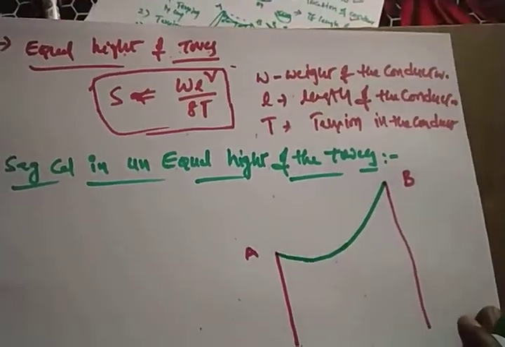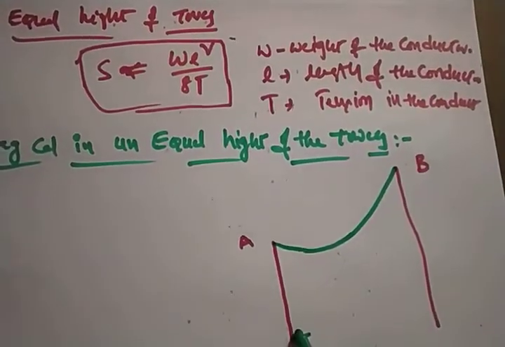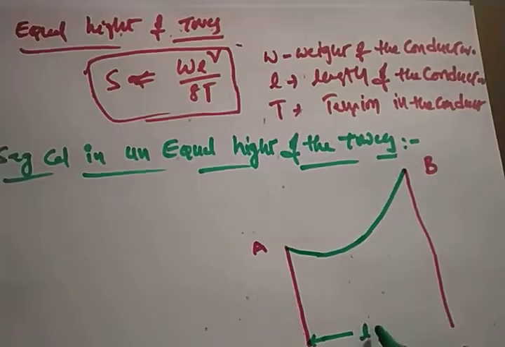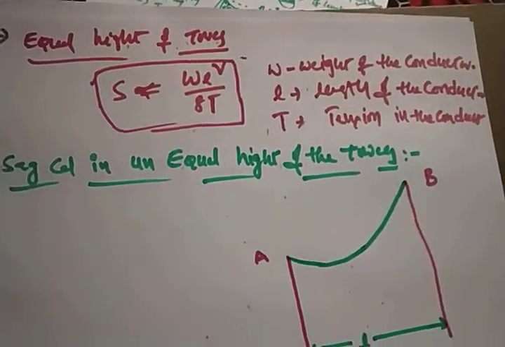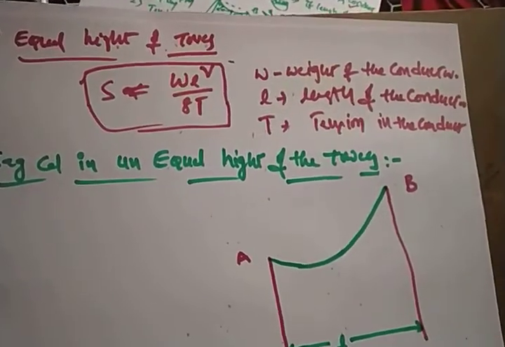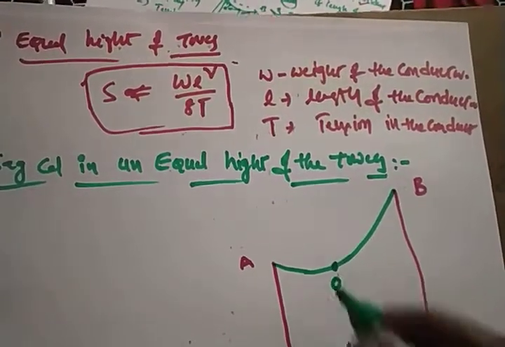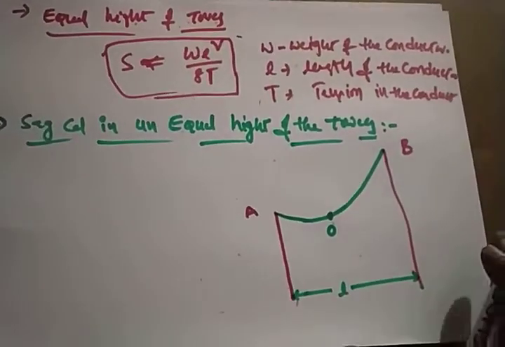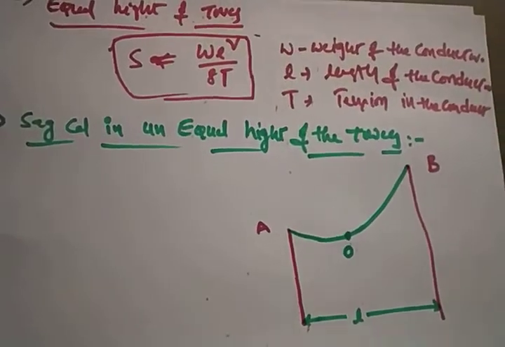This is the transmission line, and the length of the transmission line is L. I don't know which is the middle point of the transmission line, so we assume a point O. I don't want to say this is the middle point.